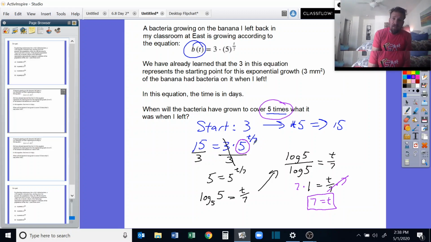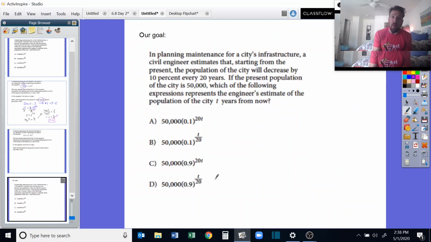So if I have something that is growing by this scale factor every 7 days, then I take that exponent and I say, well, it's t per 7.